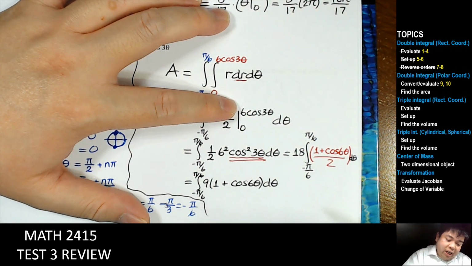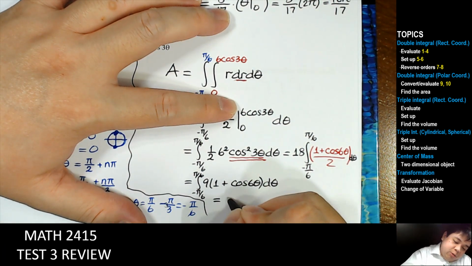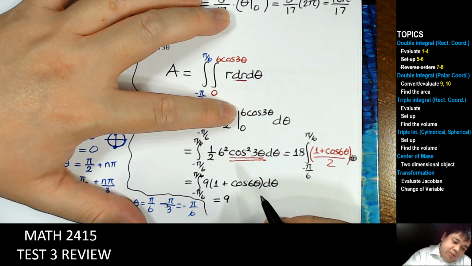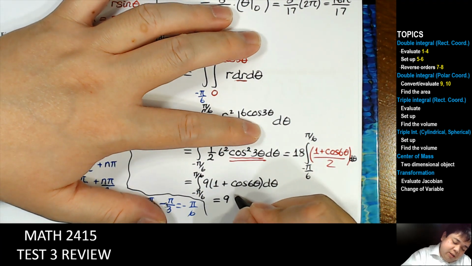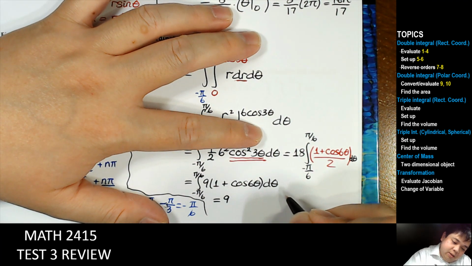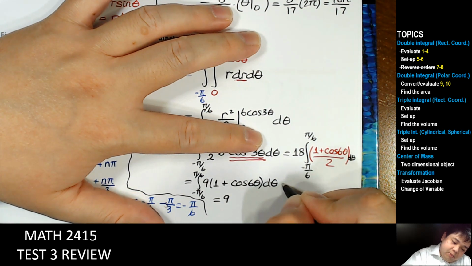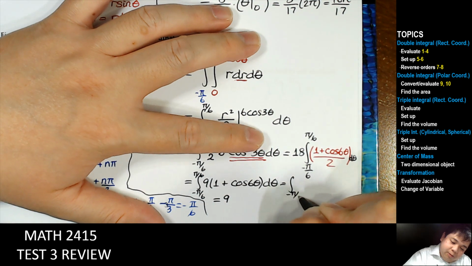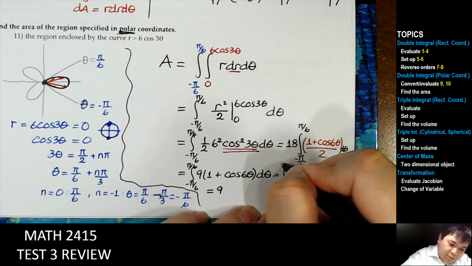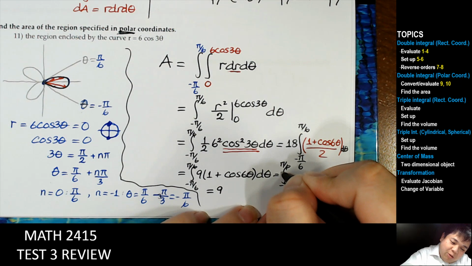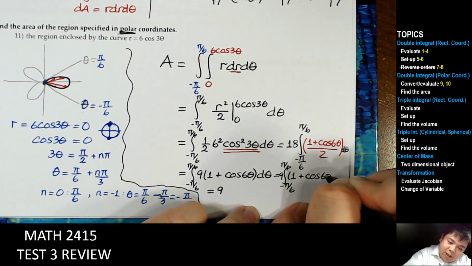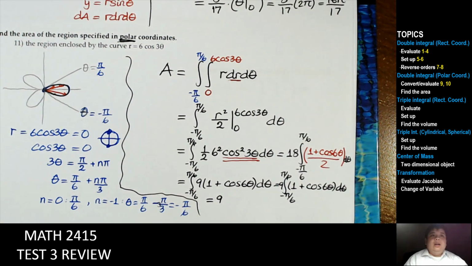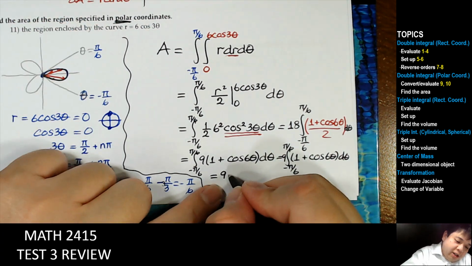The 9 we can write either inside or outside. Sorry, kind of out of space here. Let's write the 9 outside, and 1 plus cosine of 6 theta d theta. Right. Now we have the 9.